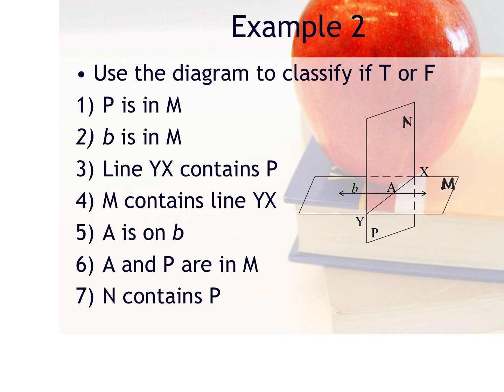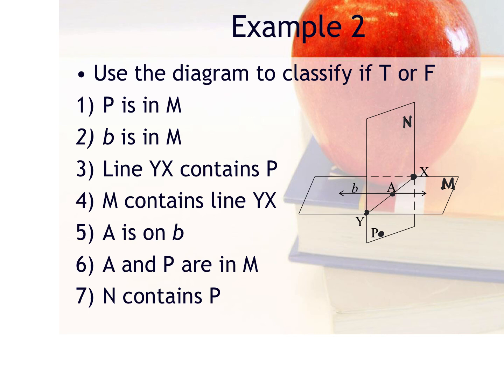This N is a name for the plane itself, it's not a point, but I'm going to put a little dot next to P because that's just going to be a point. Same thing with A. A is a point. And so are X and Y. So if it's got a dot next to it, these are points. No dots, and it's a capital letter, then it's the name for the plane.